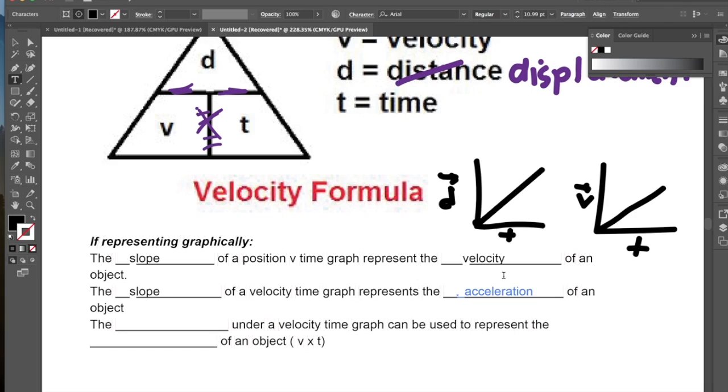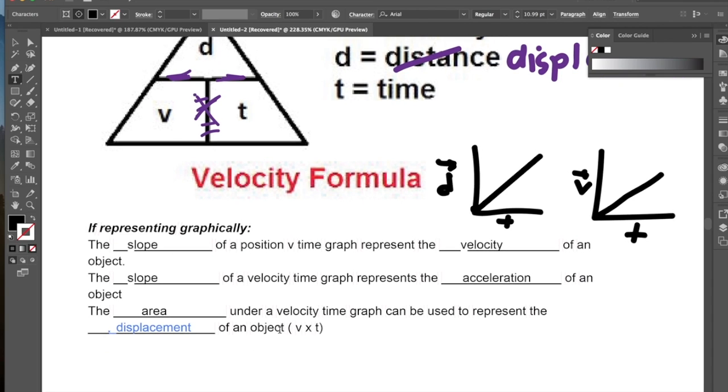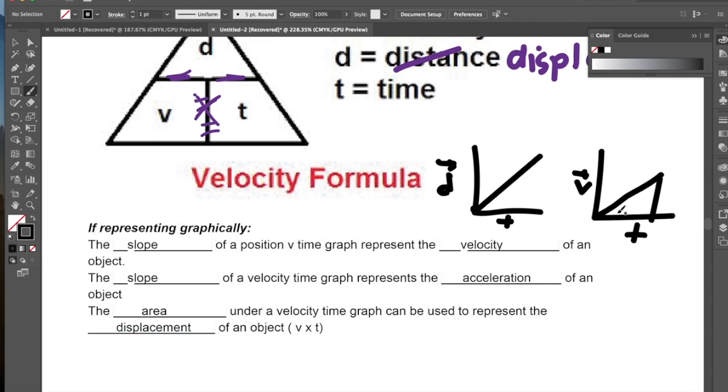Now, in the same velocity time graph, the area under a velocity time graph can be used to represent the displacement of an object. Whether it's a situation where the velocity is changing or it's accelerating, this area can represent displacement.